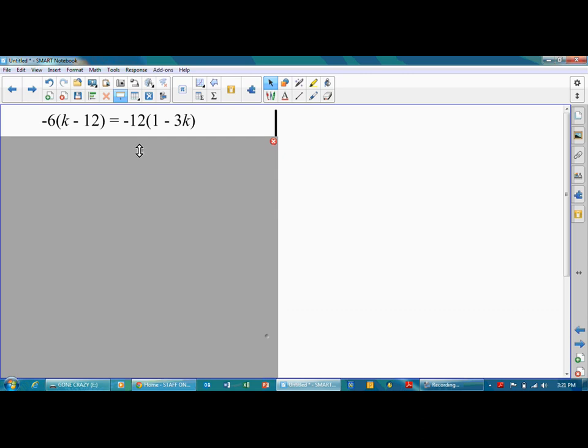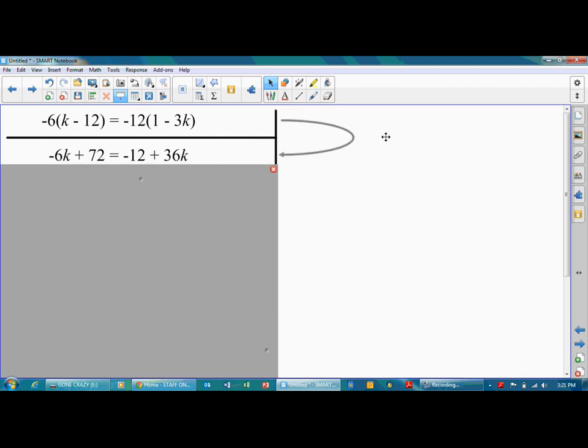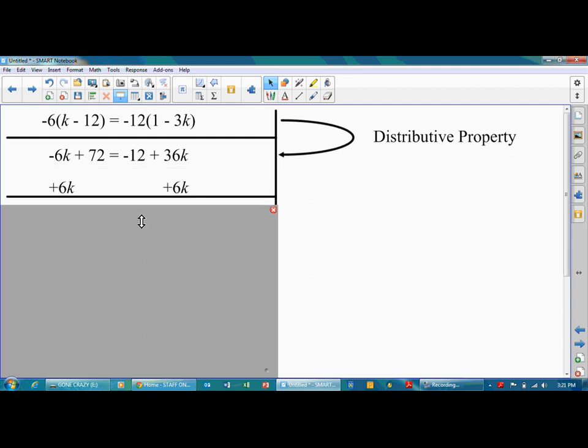And this is our last one. Again, distributive property first. Bring all the k's to one side, so we're going to add 6k to each side.